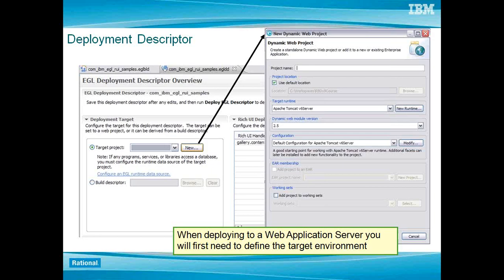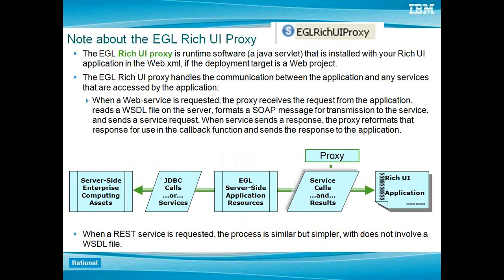So all our Rich UI handlers will be converted into HTML and JavaScript. For example, we have used Dojo and the Rich UI library, so all those Dojo JavaScript files will be translated and transferred into this web project. And the web services part or database calling part will be translated and generated into Java inside of this web project.